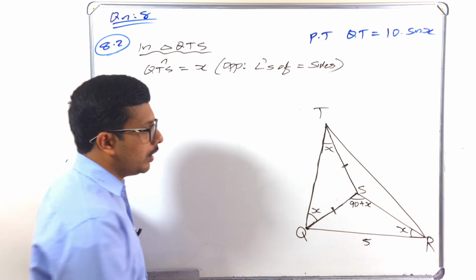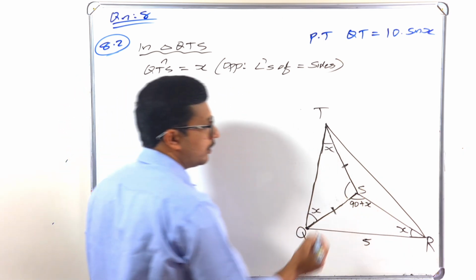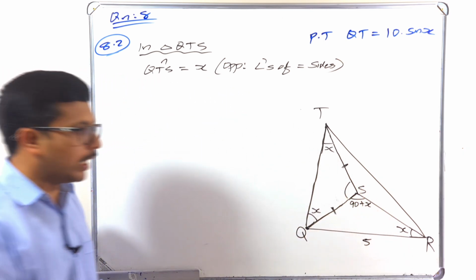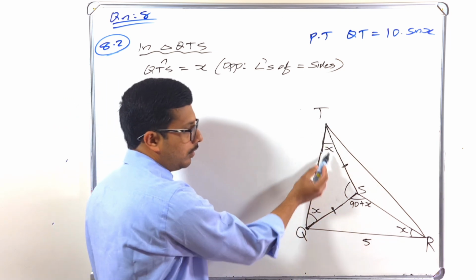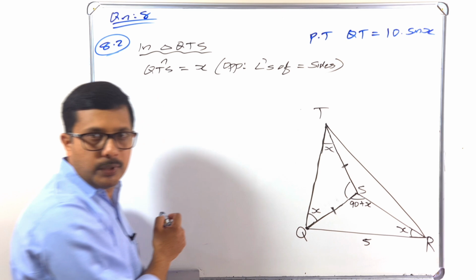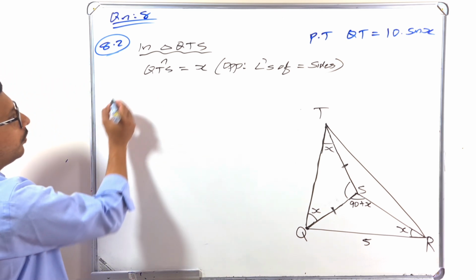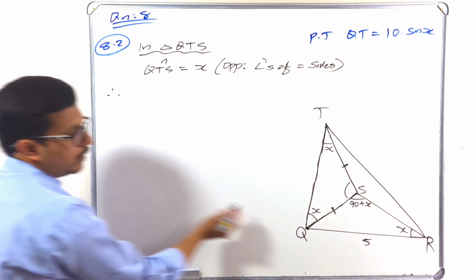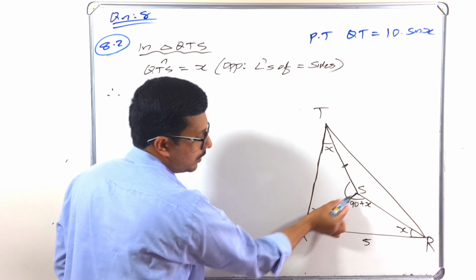So now tell me, what about this angle? In that triangle QTS, the sum of the angles is 180, am I right? So which angle is that? TSQ.